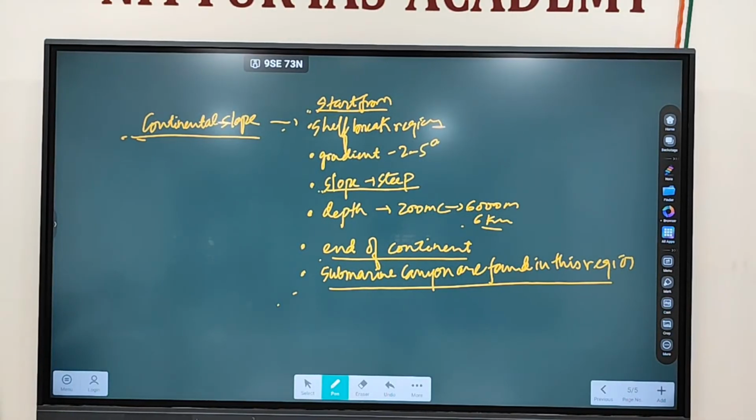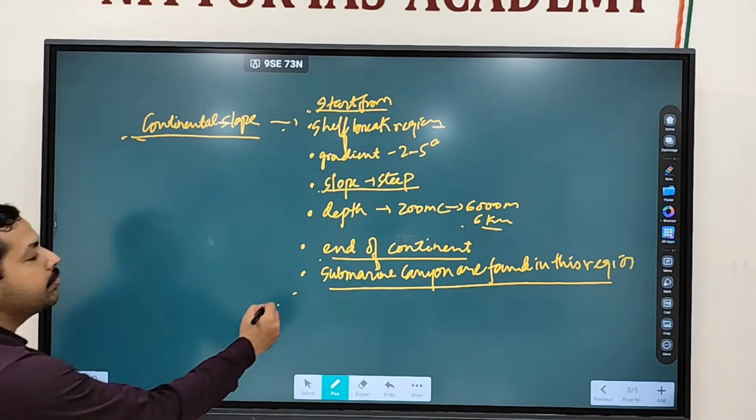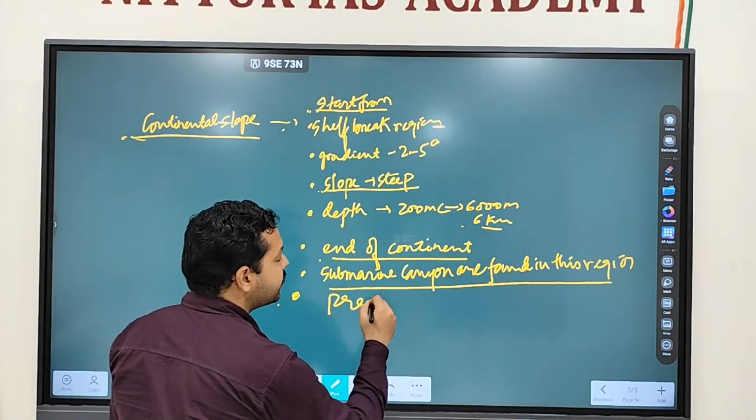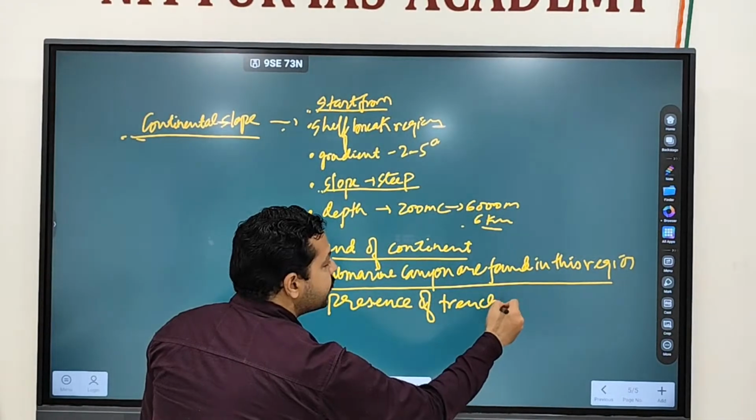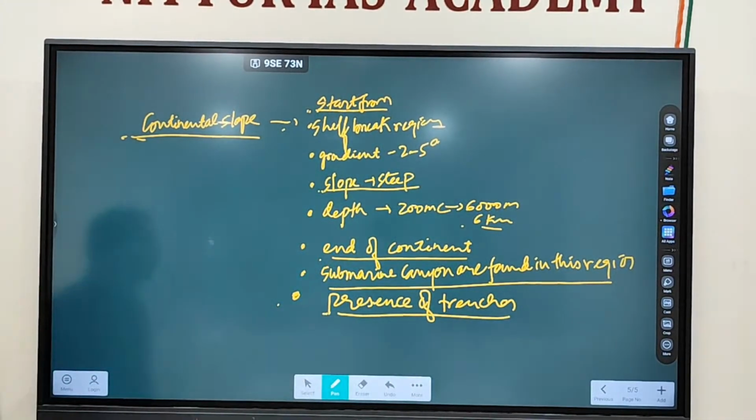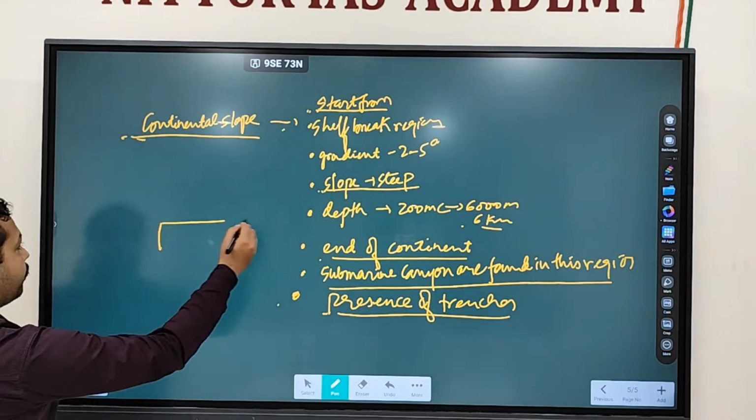And as we discussed, what other thing are you finding, since it is marking the end of the continent? When continent-ocean collision happens, what are you going to find? Trenches. So you'll also find the presence of trenches in this region. Remember, we discussed plate tectonics.